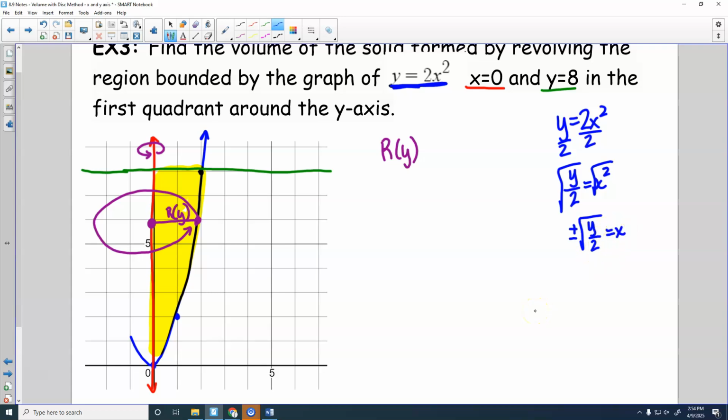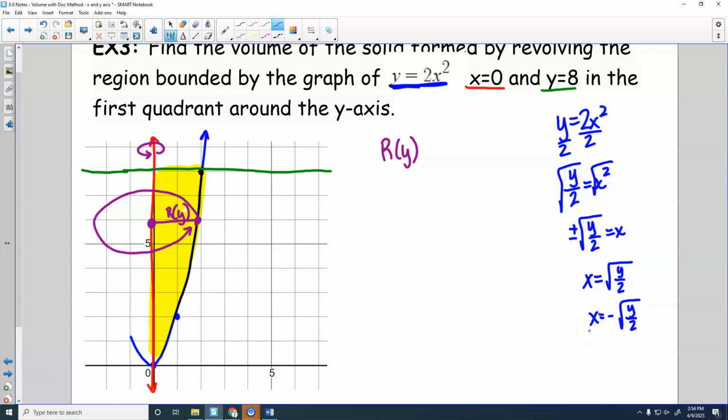Now, when you have a plus or minus, it's not really a function of y right here. It's really like two separate equations. You've got x equals positive square root of y over 2, and x equals negative square root of y over 2.